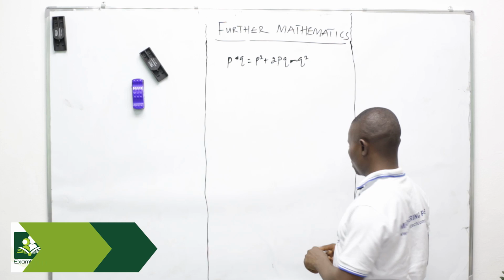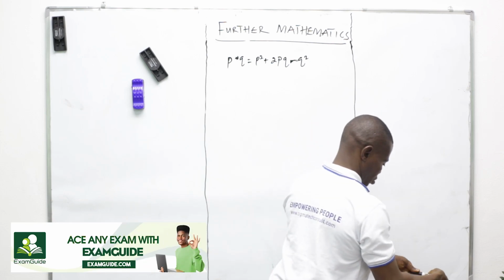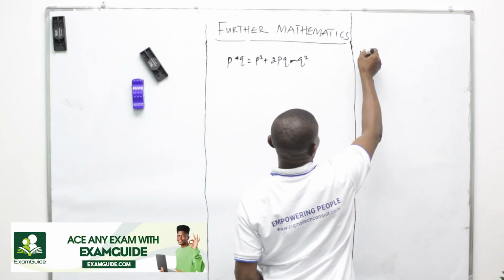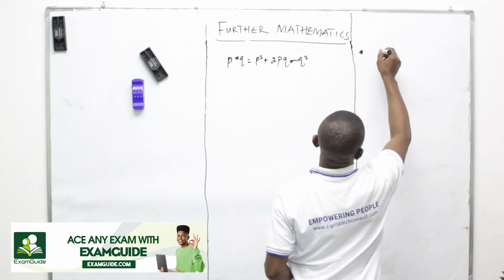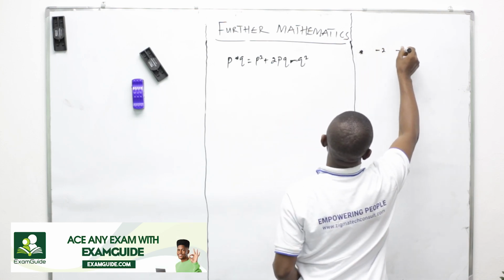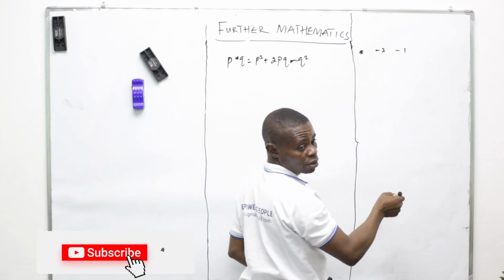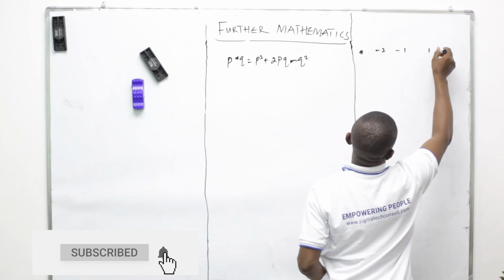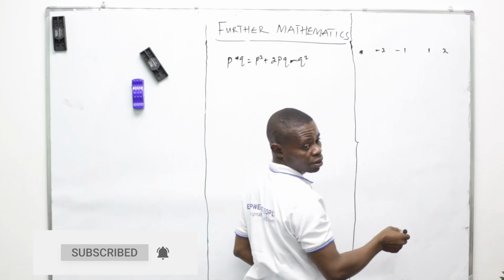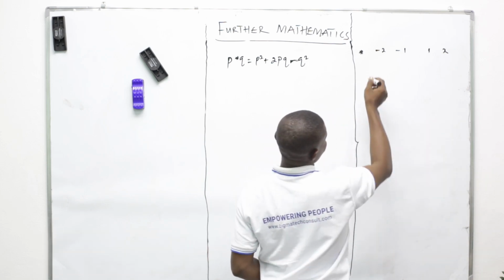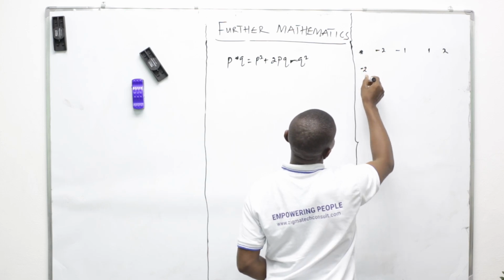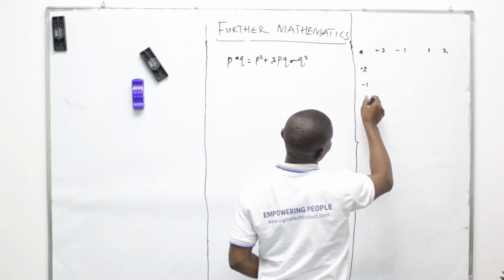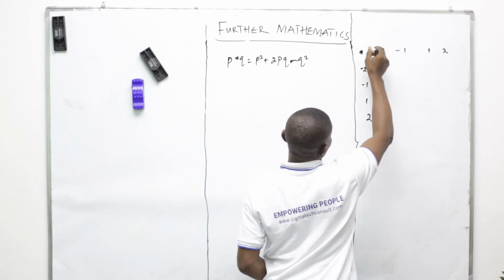So the table, the operation, minus 2, minus 1, 1, 2. We still have here minus 2, minus 1, 1, 2.